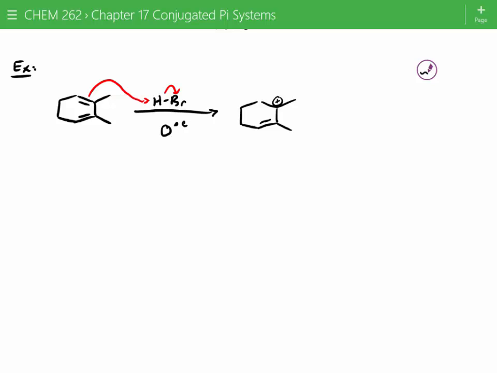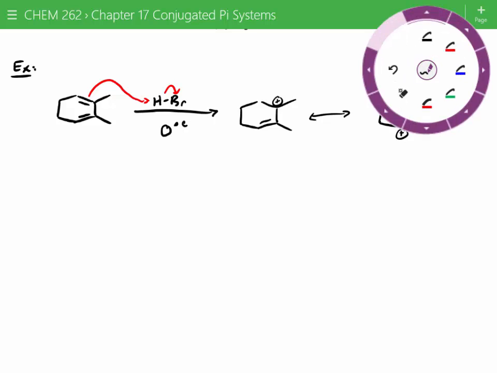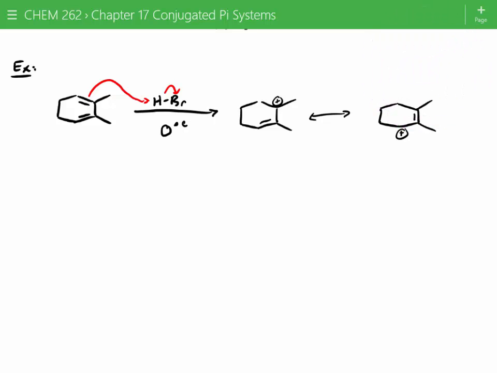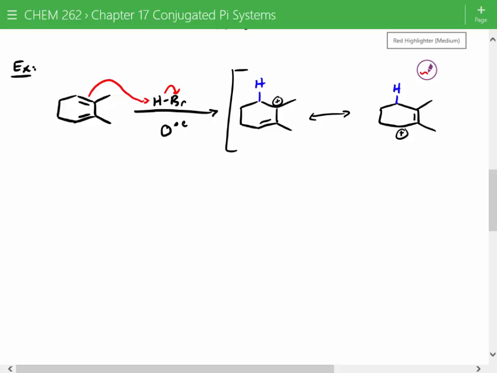No. We need to have our resonance structure where that carbocation is delocalized. And it could be here. So let's go through and label that proton that we added in as blue, just so we can keep track of it. And we'll box this in to show that it's resonance delocalized.